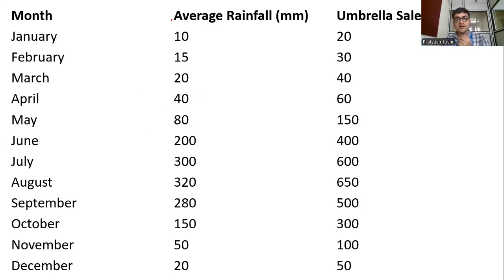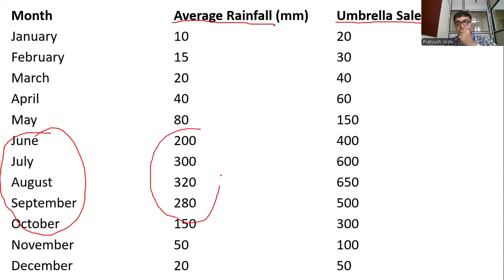So here you can see there are two variables. One is average rainfall and another is umbrella sales. And as you can see here, during these months, it is rainy season in Kolkata, and therefore the average rainfall is much more as compared to the other months. And very expectedly, the umbrella sales are also highest.